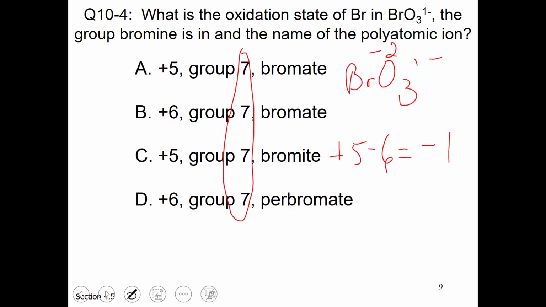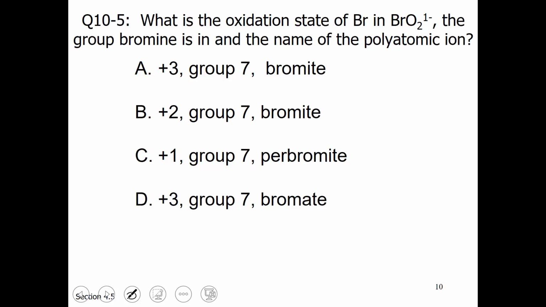+5 oxidation state, so not answer B, certainly. And since it is the second highest oxidation state for bromine, we would be calling this bromate. So +5 oxidation state, bromate. How about bromine in BrO2-? Once again, we're in group 7.